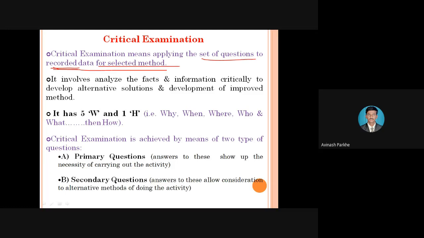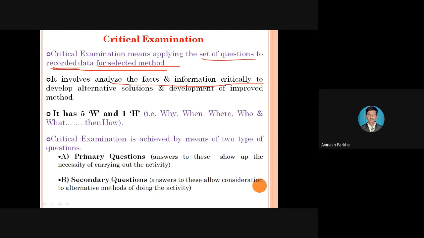Whatever method we have selected for the modification purpose, to that method we have to apply a set of questions. That process is called critical examination. And in this critical examination, which process are we doing? We analyze the facts and information critically.